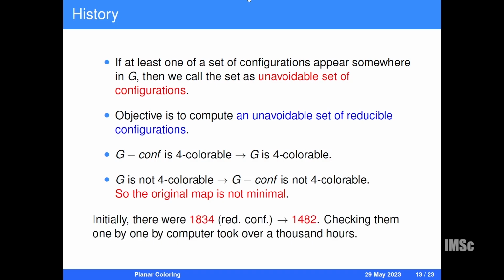Okay, so initially there were 1834 reducible configurations, and then they brought it down to 1482 configurations. And then checking one by one if it is a reducible configuration took over 1000 hours.